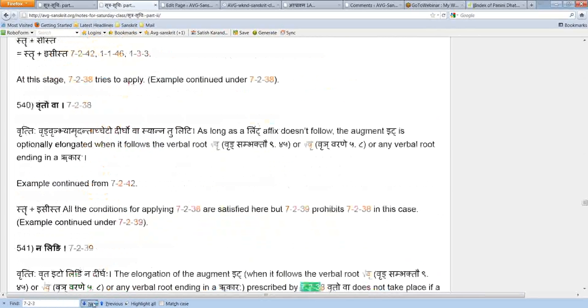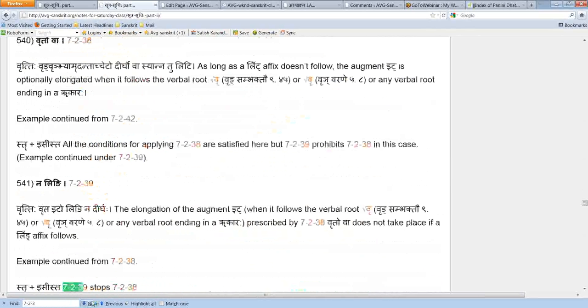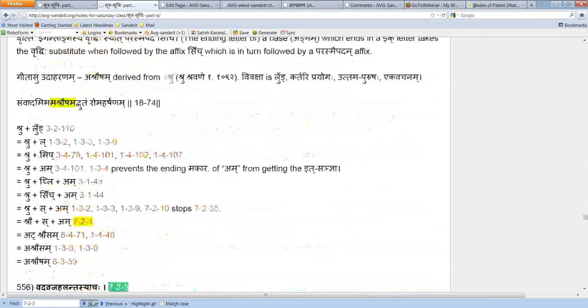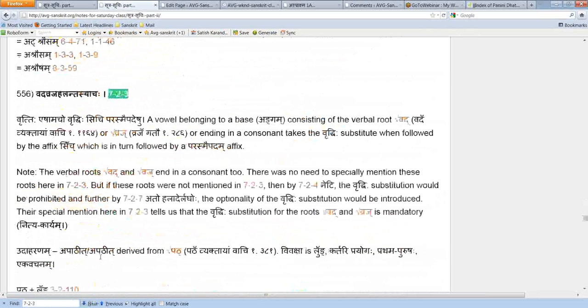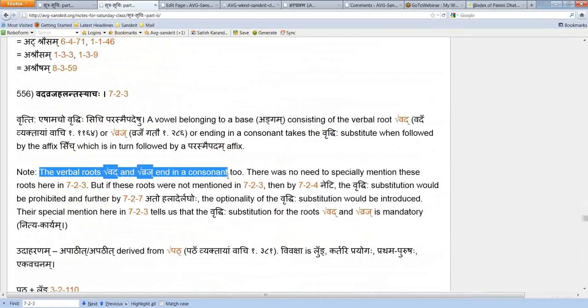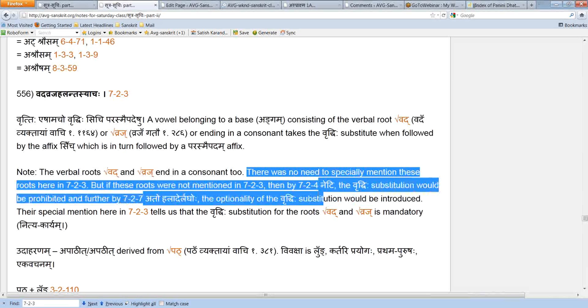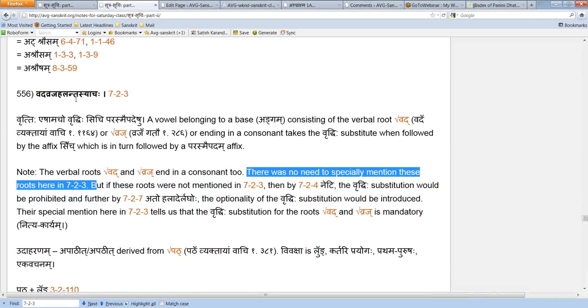7.2.3. The question is: why do we need a special mention of Vada and Vraja? Because look at this note over here. The roots Vada and Vraja end in a consonant also. There was no need to mention these roots specifically because already we said Halantasya.